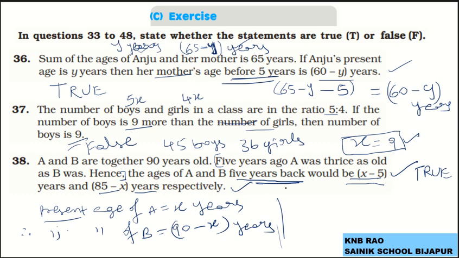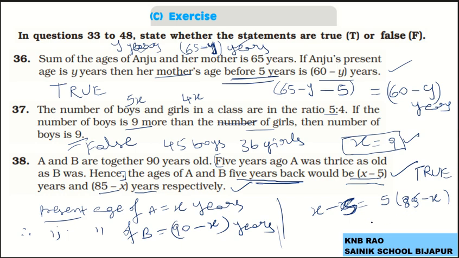How to solve it? Now, we will use the sentence which we ignored: 5 years ago, A was thrice as old as B. So, x minus 5, 5 years ago, A was 3 times as old as this one, 85 minus x.